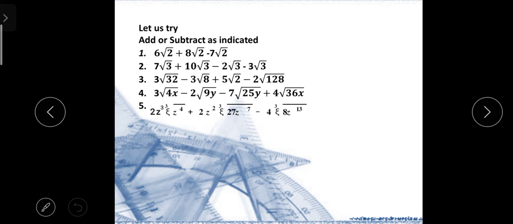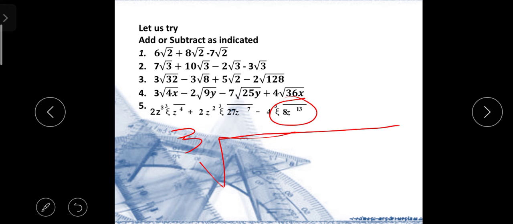Okay, so let us have yung ating third term. So, yung ating third term ay meron siyang cube root of 8z raised to 13. So, same, kailangan nating magkaroon ng factor na z lang yung maiiwan sa loob. So, yung 13 ay hahatiin natin. So, meron tayong cube root. Pag sinabing cube root, ibig sabihin, ito yung number na pag minultiply sa sarili ng 3 beses ay makakakuha tayo ng 8.